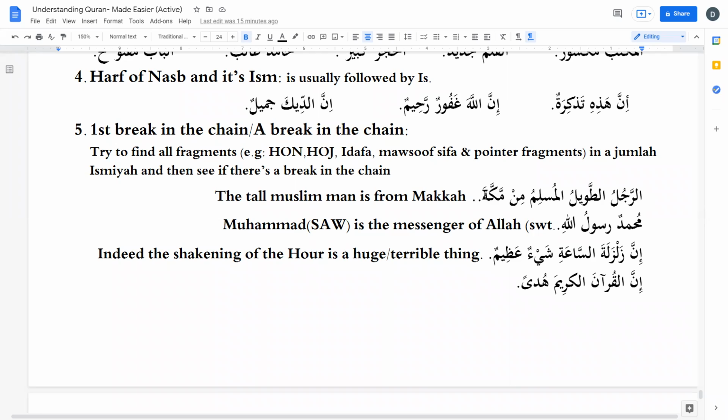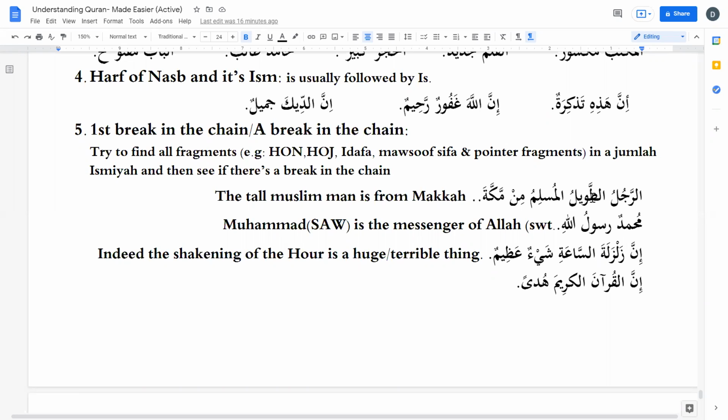Okay. Do you see any fragment over here? Is this ar-rajulu, can it be mudaf ilayh? No, it cannot because of al, right? So ar-rajulu at-tawilu, which type of fragment could it be?